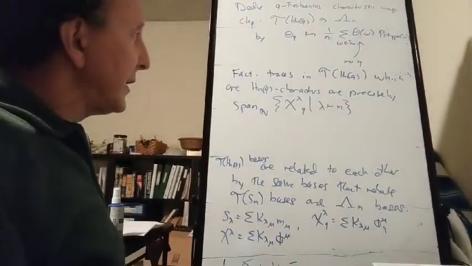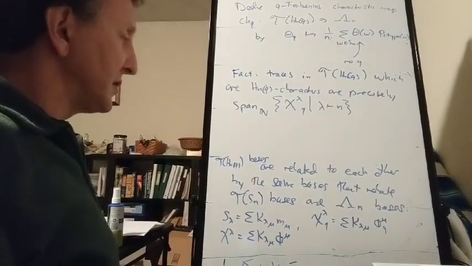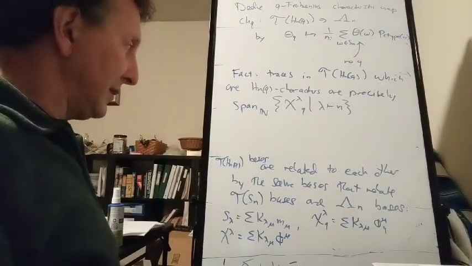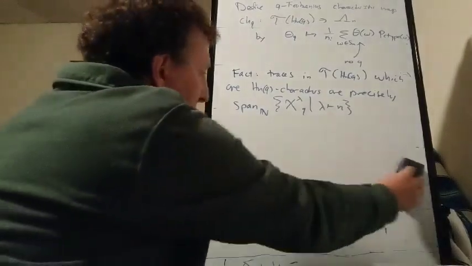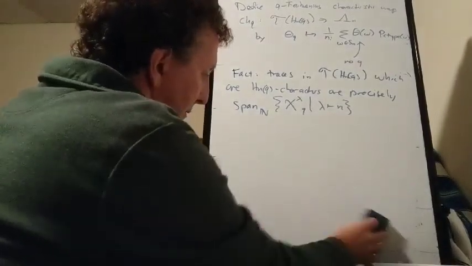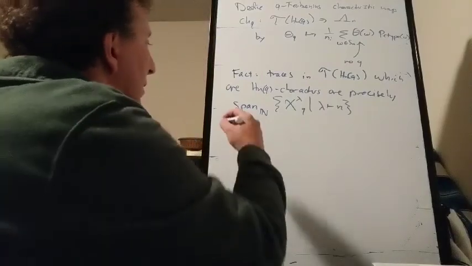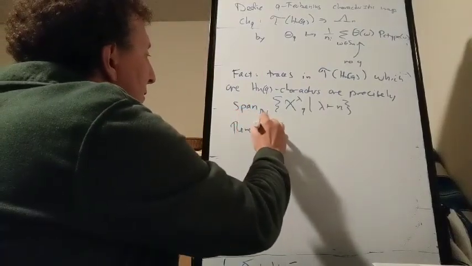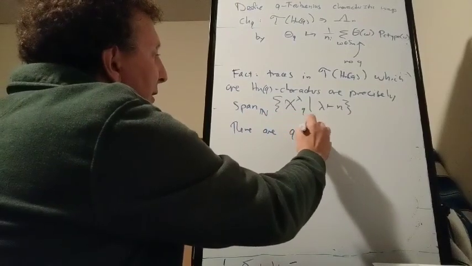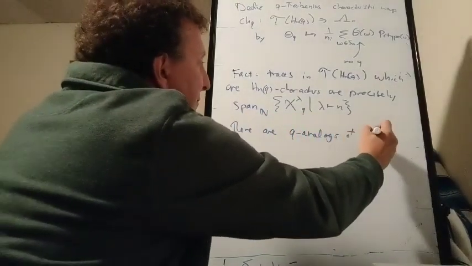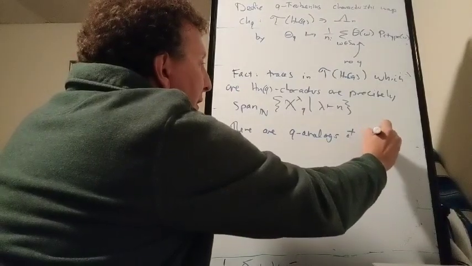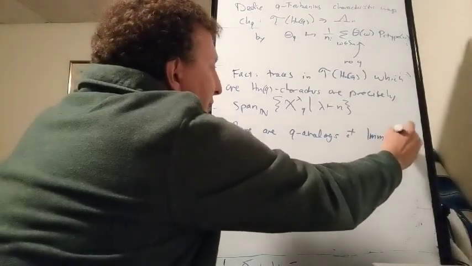Now, since we don't have nice formulas for the trace evaluations for the Hecke algebra traces, it's natural to ask about generating functions. There are Q analogs of the immanant generating functions.